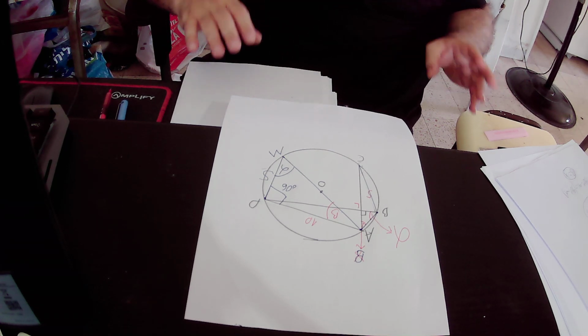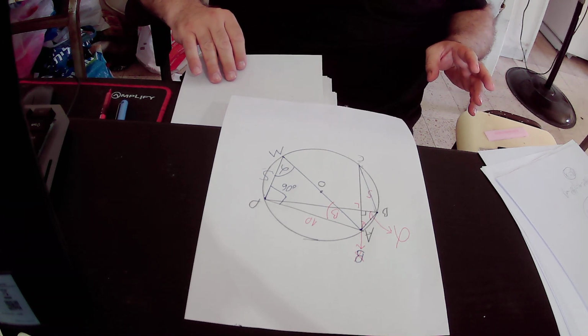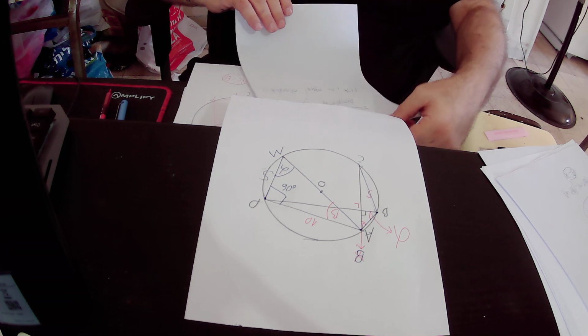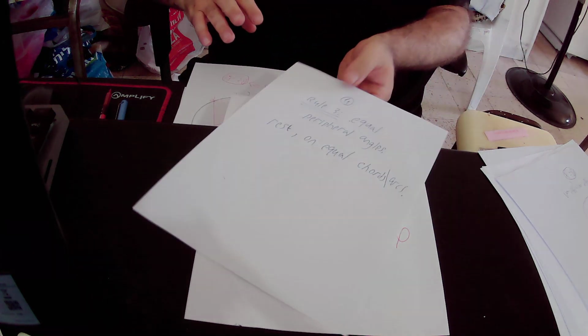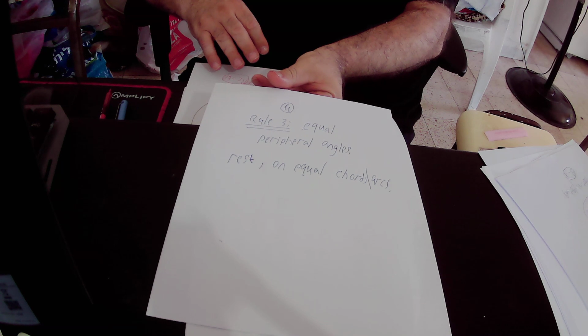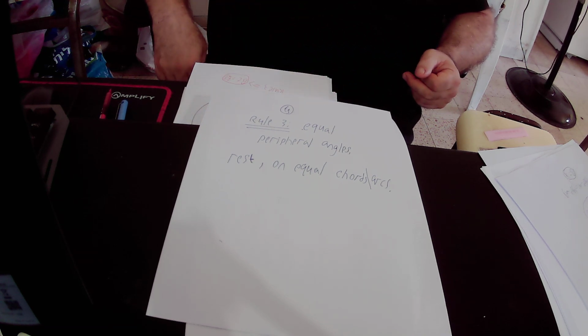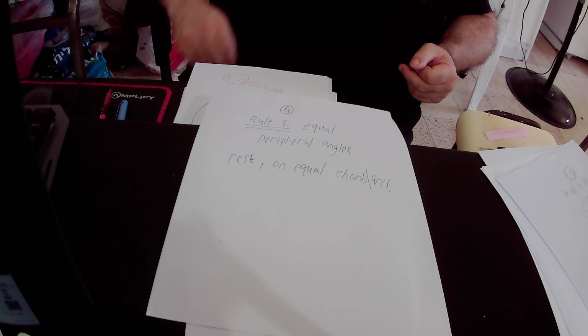They both equal beta. So according to rule number 3, equal peripheral angles rest on equal chords slash arcs.